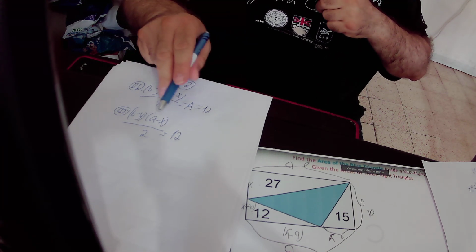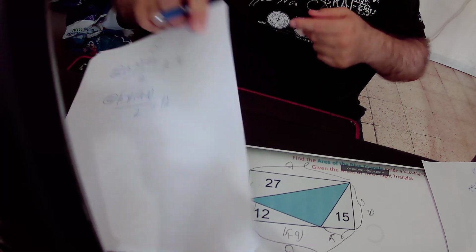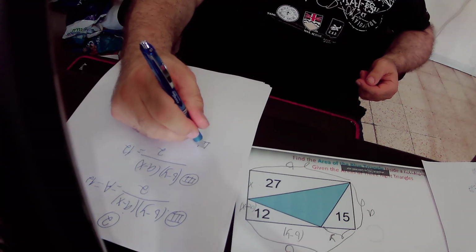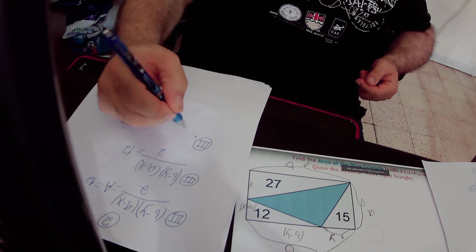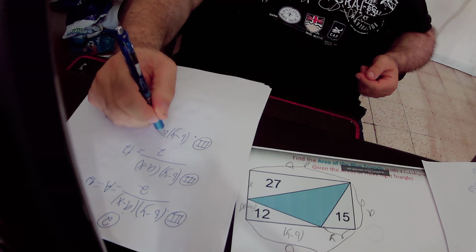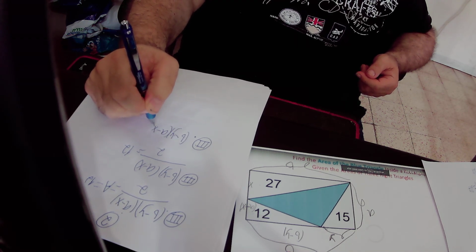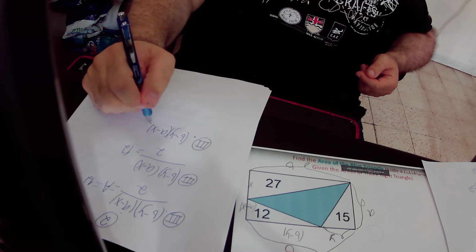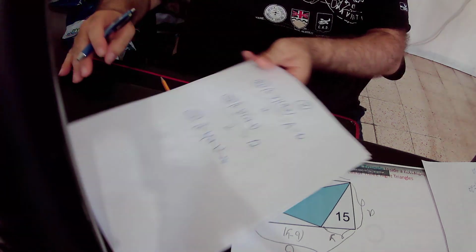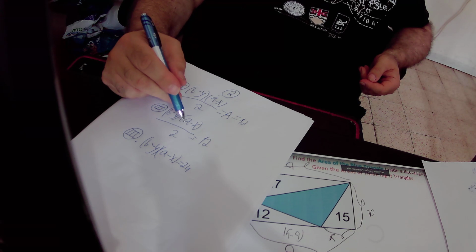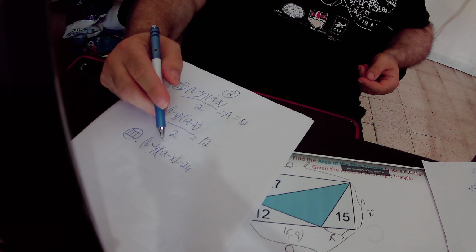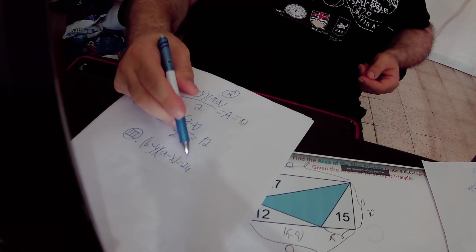We can multiply both sides of the equation by 2, and we will get that b minus y times a minus x equals 24. Here we multiply both sides by 2, so here we have b minus y times a minus x, and 12 times 2 is 24.